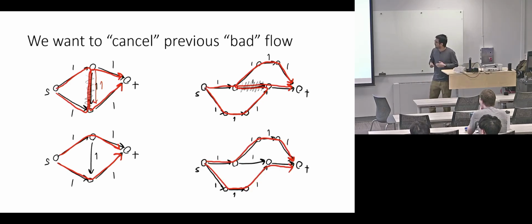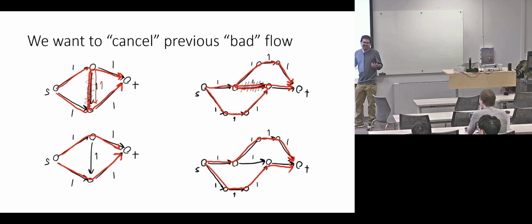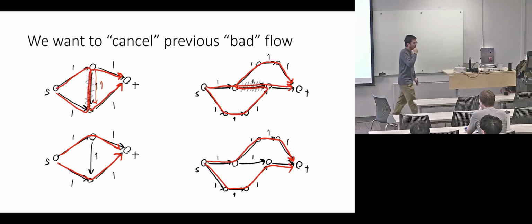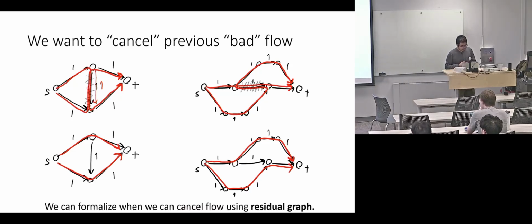Okay. So now the question is, how do we formalize to what extent we can cancel the flow on each edge? That is what we need to formalize, and that is the concept of the residual graph.